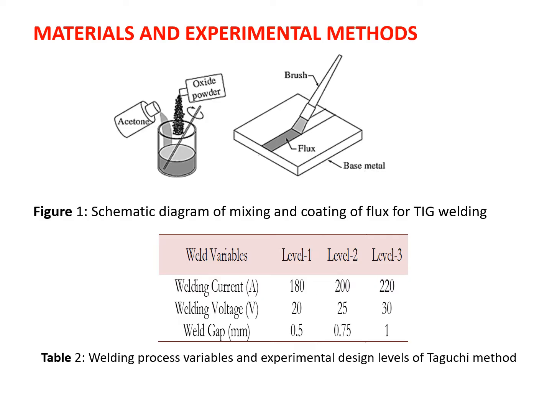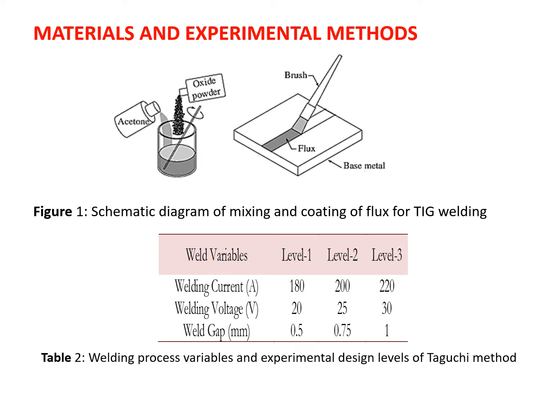Materials and experimental methods. The figure shows the schematic illustrations of mixing and coating of the flux for the TIG welding process. To create the bead on plate welds, ATIG welding was performed on 304 stainless steel plates.